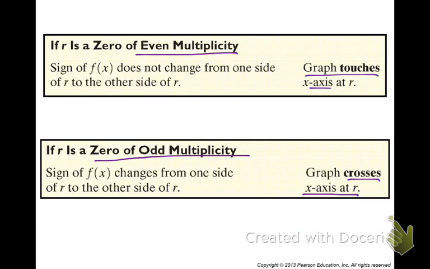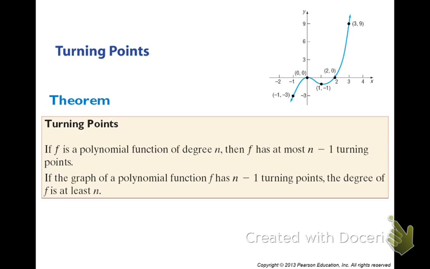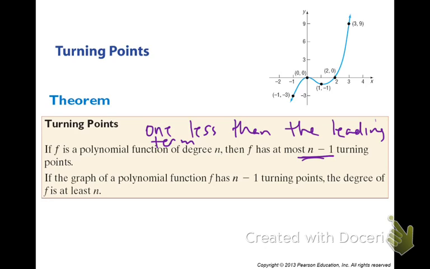Now, the turning points, which I just talked about: the number of turning points that you have will be one less than the degree of your leading term. I'm talking about after we've multiplied this out.